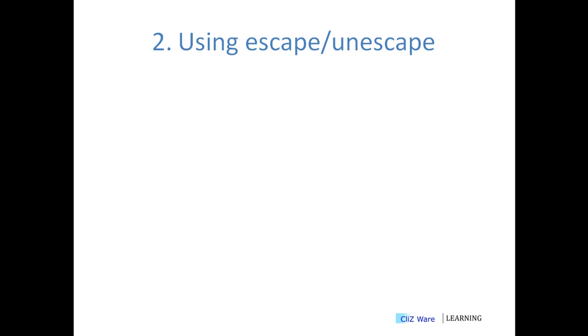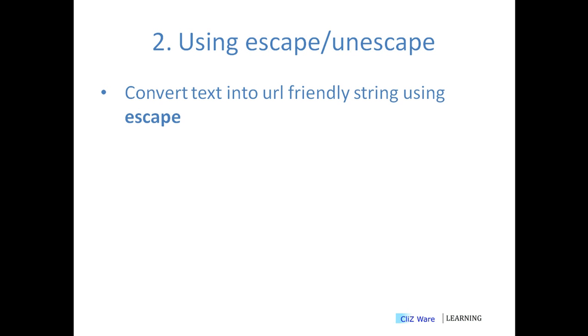So that was that. Let's now look at how it's possible to use escape and unescape functions. Basically, the purpose of escape and unescape functions is to convert a URL into a friendly string, one that doesn't contain any spaces, special characters and so on.